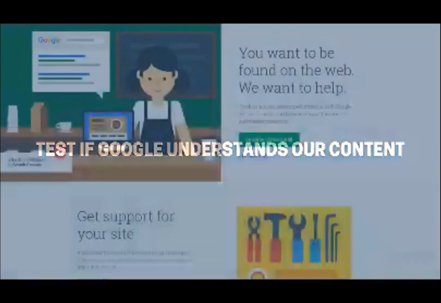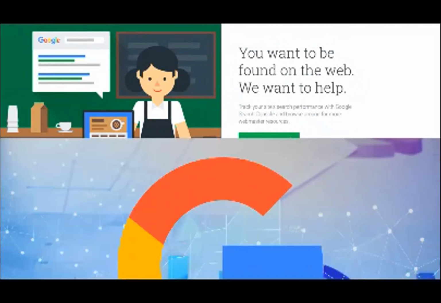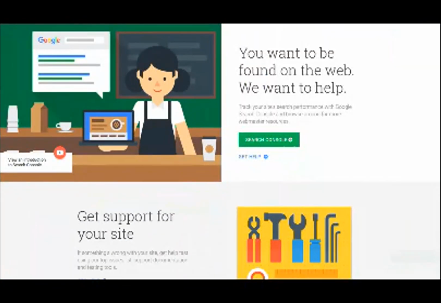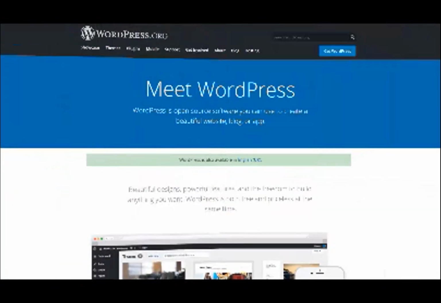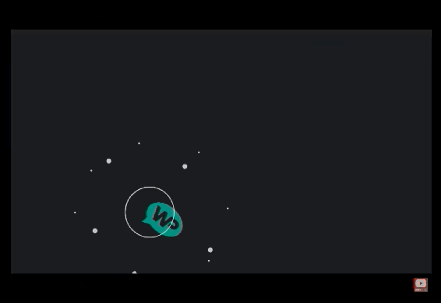It'll also show us a bunch of other stuff as well, but these 3 things alone are super important, especially if we're trying to rank well in the Google searches. So in order to get this information, we first need to create a Google Webmaster Tools account and then link it with our WordPress site. So if you're ready to get started, that's what we're about to cover right now.